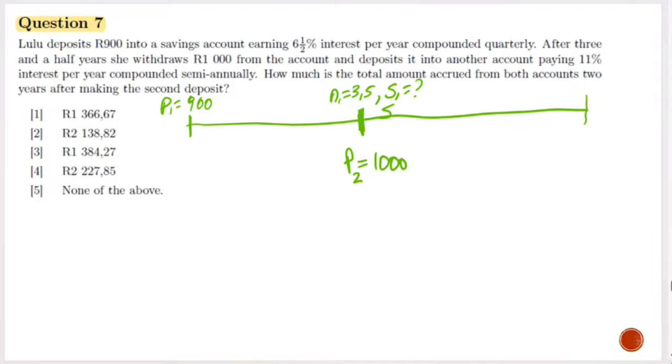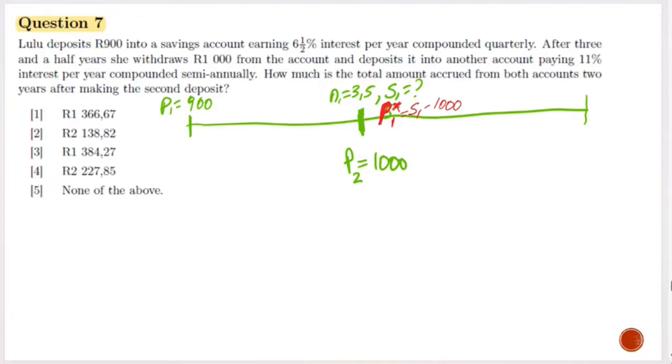Here's what's going to happen. I'm trying to write this story so that it can be believable. She is going to have this amount starting here, which I'm putting as P1 star, so it's going to be S1 minus 1,000.